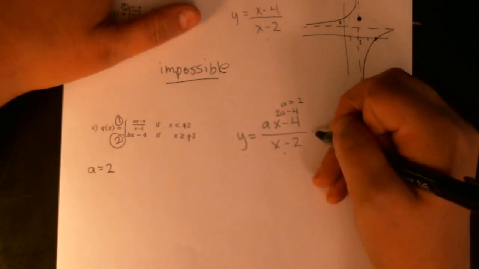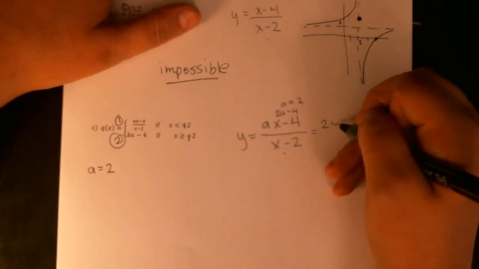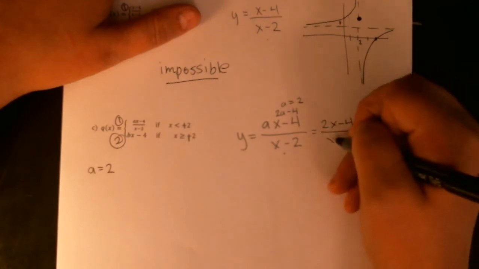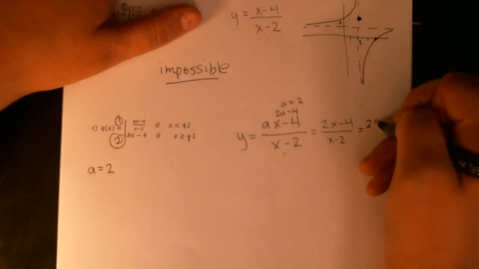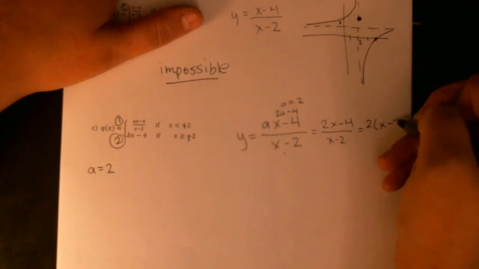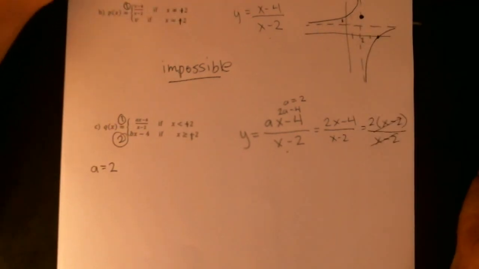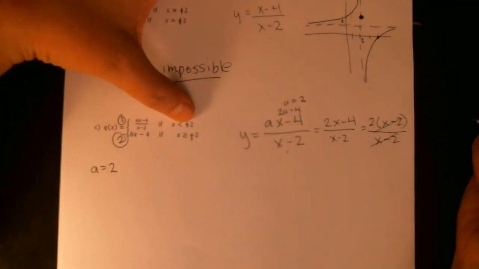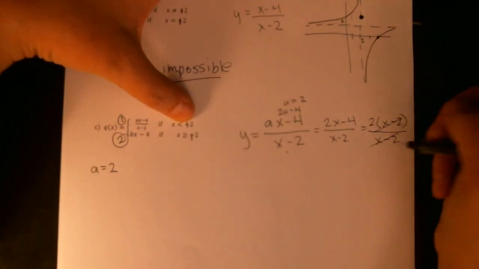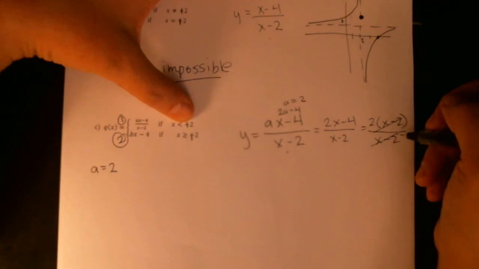So now I'm looking at 2x minus 4 over x minus 2, and I can factor that 2 out, and I get to cancel. And since this is only if x is less than 2, I don't have to worry about the x equals 2 problem.